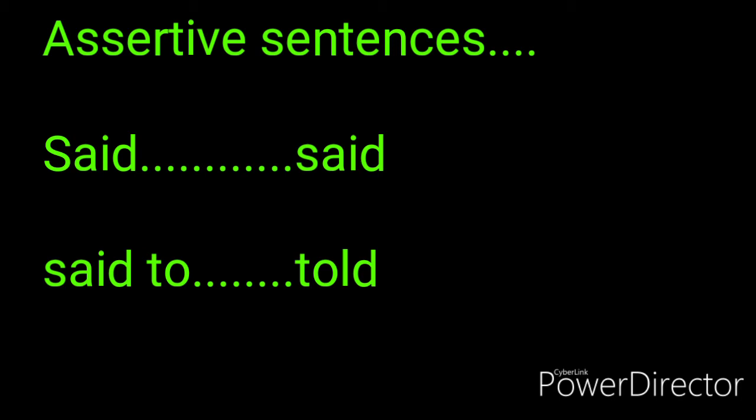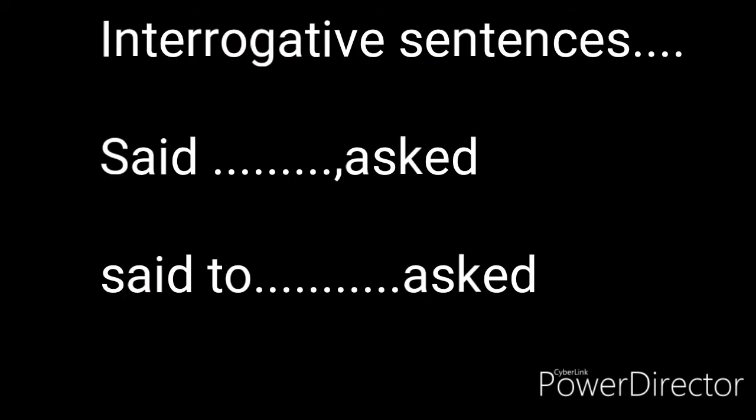Assertive means positive, a sentence which gives a positive sense. In that, we change said into said and said to into told. In interrogative sentences, said and said to are both changed into asked. Keep on writing these structures.